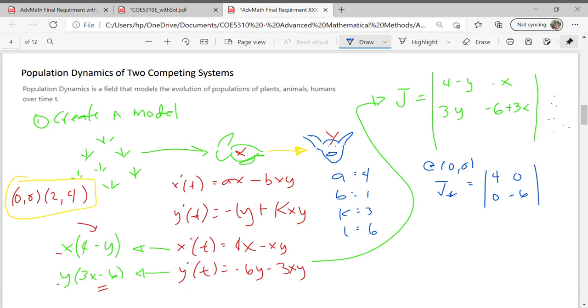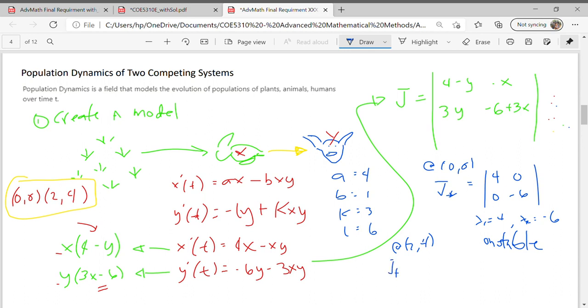So our eigenvalues here are 4 and negative 6. They have different signs, so we can say that they are unstable. Saddle point.